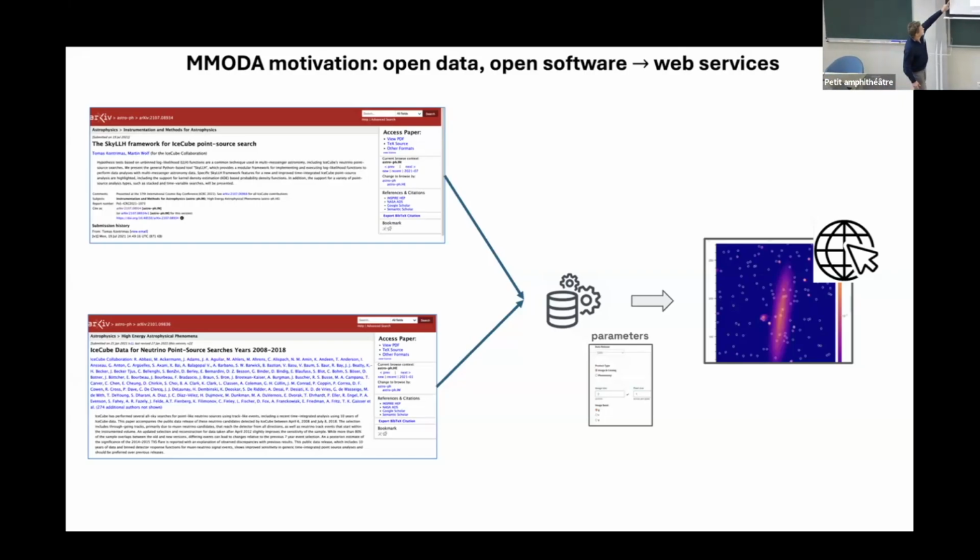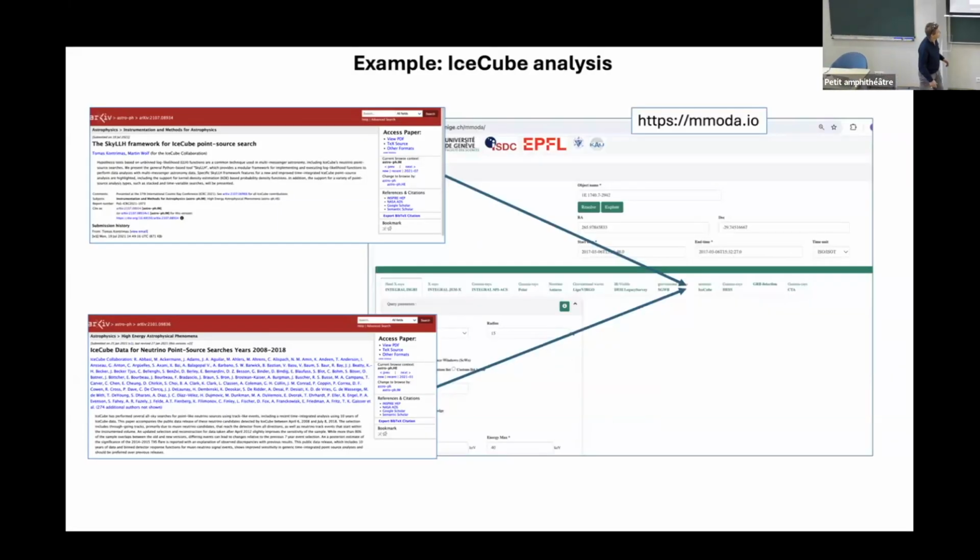Maybe I will use IceCube as an example. The data set is there. An example of an analysis software kit is there. So it is a matter of just implementing this as a service. That's what we do with this Multi-Messenger Online Data Analysis. IceCube is one example.